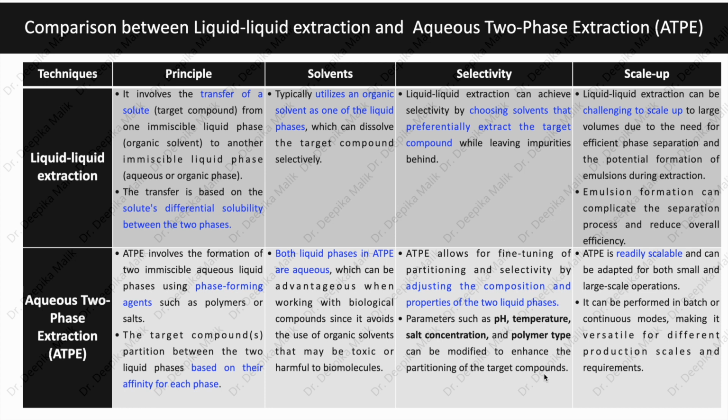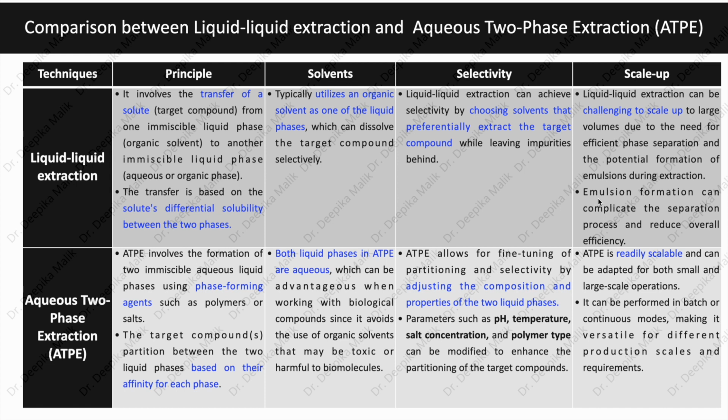Parameters such as pH, temperature, salt concentration, and polymer type can be modified to enhance the partitioning of the target compounds. Finally, the liquid-liquid extraction can be challenging to scale up to large volumes due to the need for efficient phase separation and the potential formation of emulsions during extraction. Now, this emulsion formation can actually complicate the separation process and reduce overall efficiency. So, these emulsions basically delay the separation of two liquids.